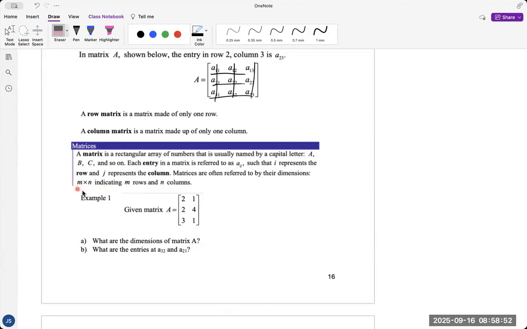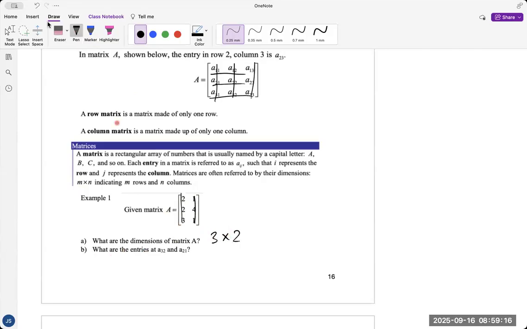It's just a notation to show that you have m rows and n columns. The given matrix has 1, 2, 3 rows and 1, 2 columns, so it is 3 by 2.